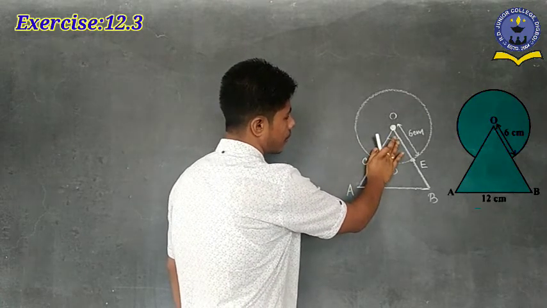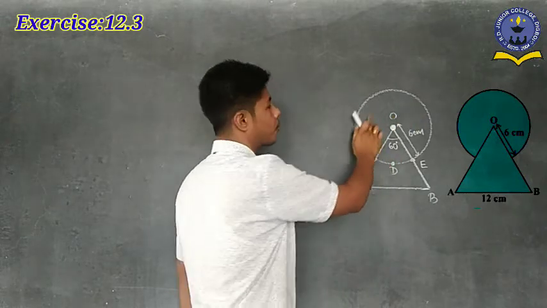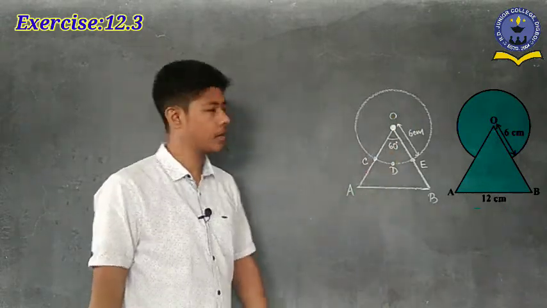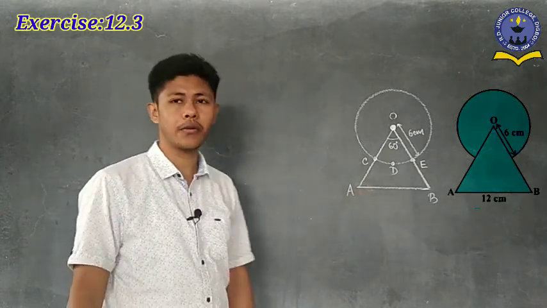If we separate this part, which portion remains? This portion remains, and this portion is what here? Major sector. The major sector plus the equilateral triangle.